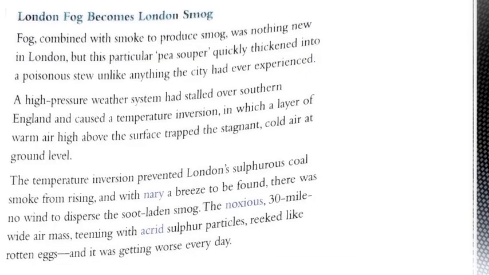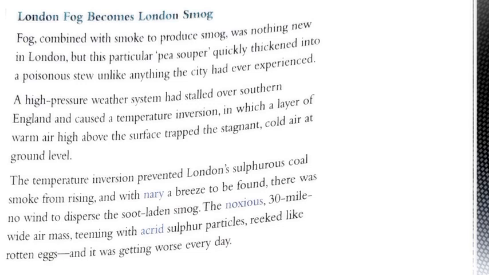Now, fog combined with smoke to produce smog was nothing new in London, but this particular pea soup quickly thickened into a poisonous stew, unlike anything the city had ever experienced. We will know each and every paragraph thoroughly.